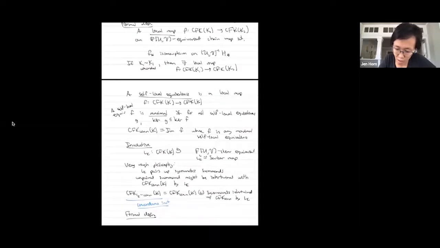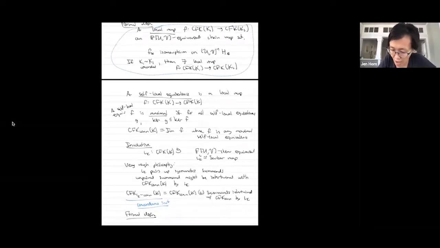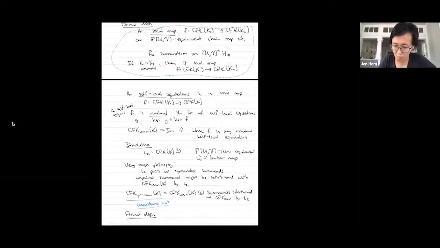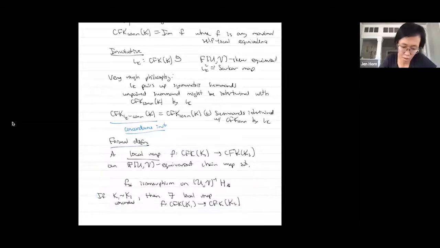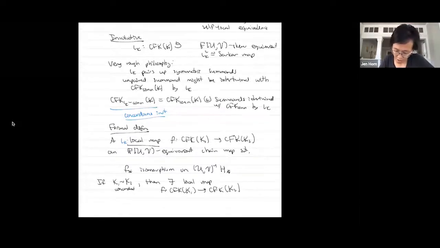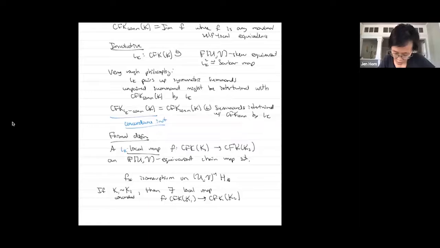Let me just take the old definition and copy it, and then just add in some words. Okay, so let's make this an iota K local map. This map F, well now we want it to be equivariant up to homotopy.